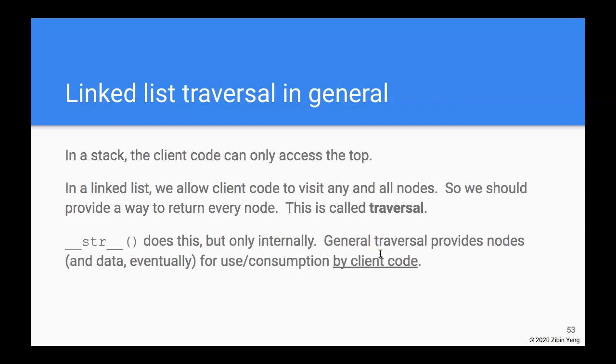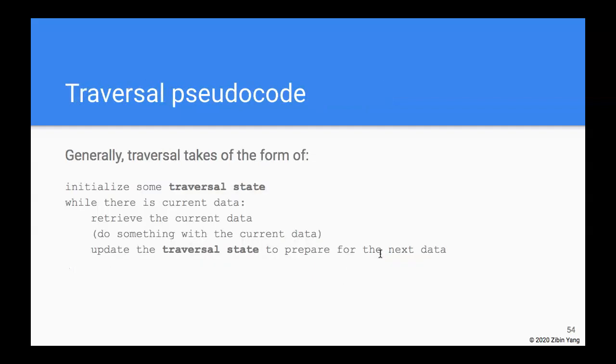So how does client code do the traversal? Well, the general idea is captured in the following pseudocode. First, the client code would initialize some sort of traversal state. In a linked list, it will probably start at the head of the linked list, right? And then it will go into a while loop, and it'll stay in this while loop as long as there is some data. The first thing it does in the loop is retrieve the current data, and then it will do something with the current data: print it out, do some calculation, whatever.